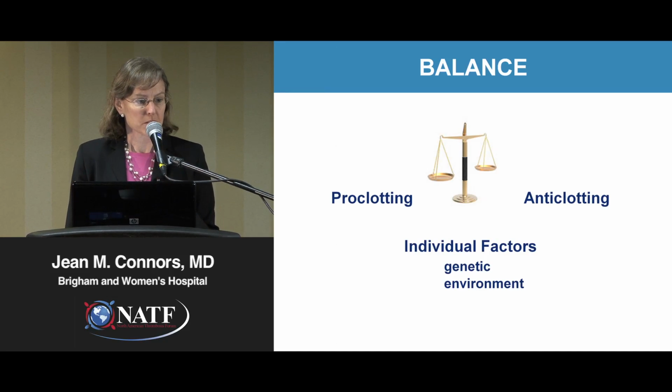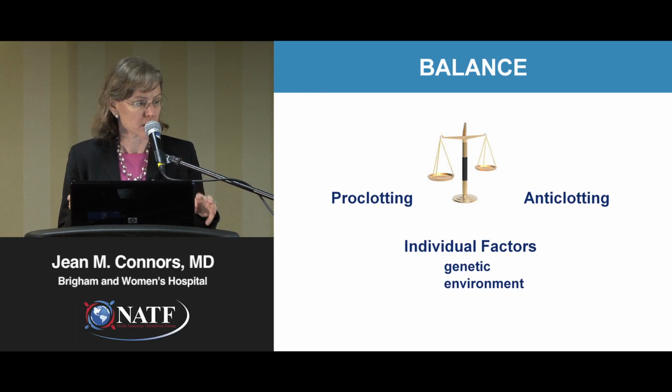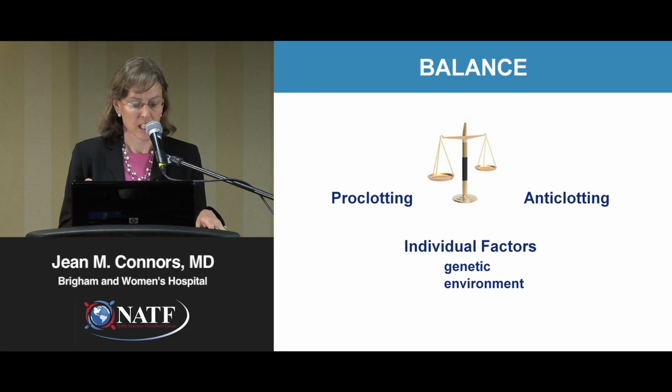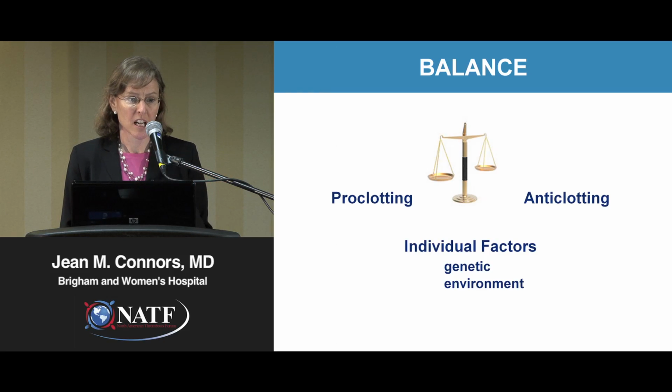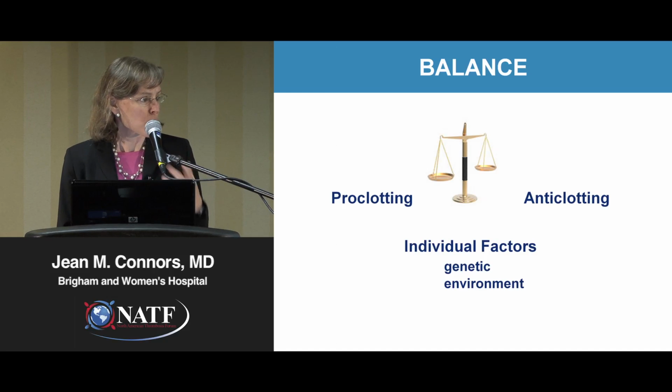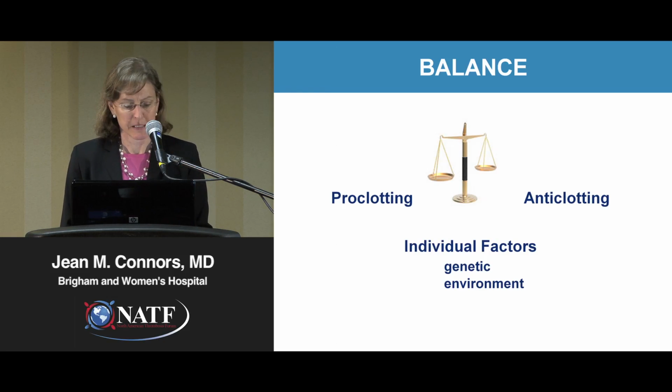And those individual factors can tip the scales or tip the balance in favor of clotting or in favor of bleeding. Many of these factors can be genetic, such as inherited blood clotting disorders, such as factor V Leiden mutation, prothrombin gene mutation. You can also inherit genetic disorders that make you bleed, hemophilia A, von Willebrand disease.